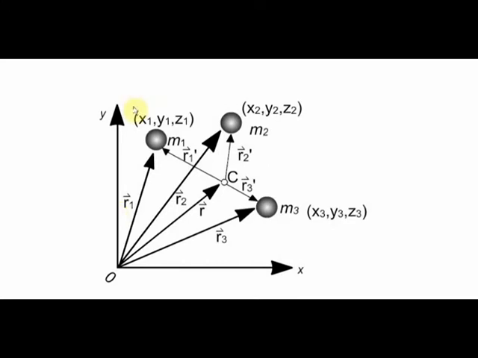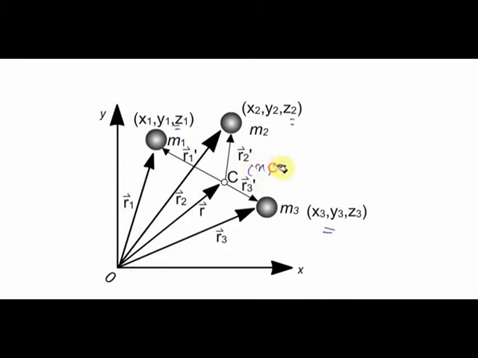So if we have the coordinates of different particles of a system of particles, that is, if we have x1 y1 z1, x2 y2 z2, and x3 y3 z3, we can get the coordinate of the center of mass.